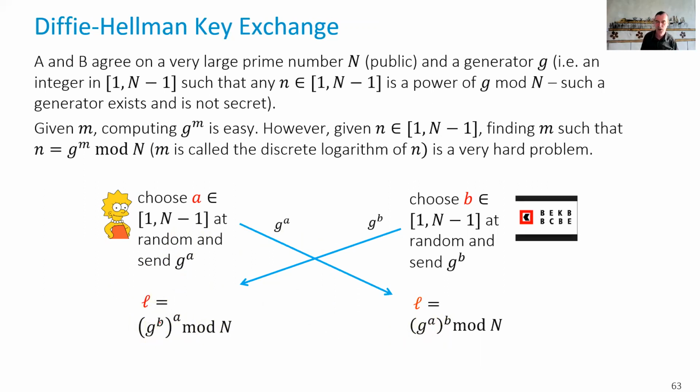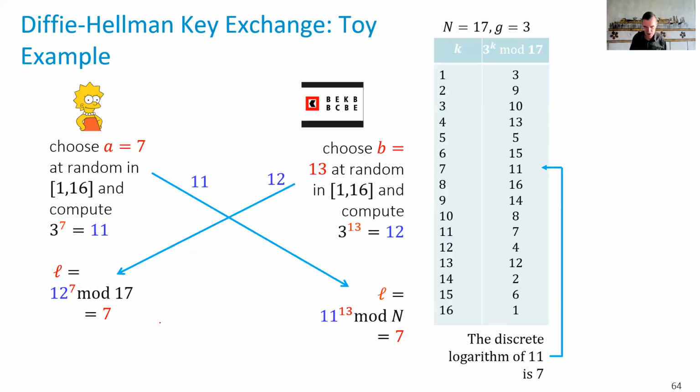We use the commutativity property of this number theoretic environment, and this guarantees that the number that they have will be the same, 7. If somebody later reads the logs here, and if the discrete log remains a difficult problem, then seeing the 11 and 12 will not make it easier to find the number 7.